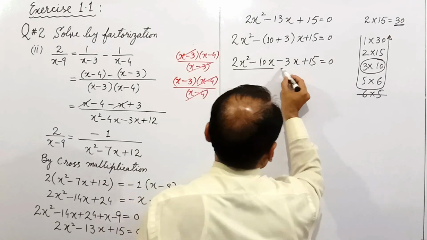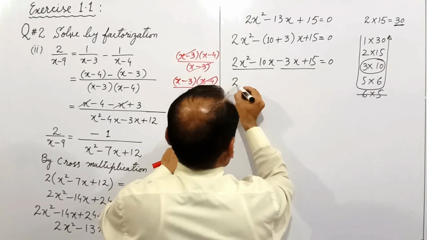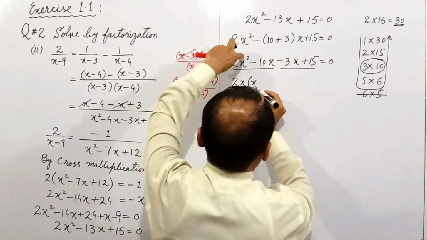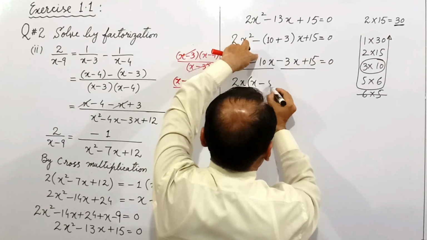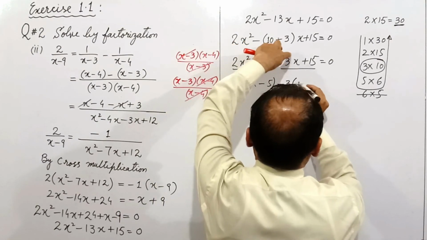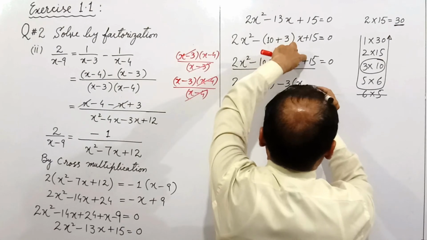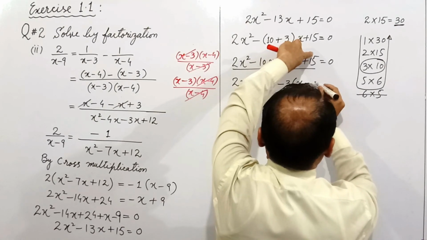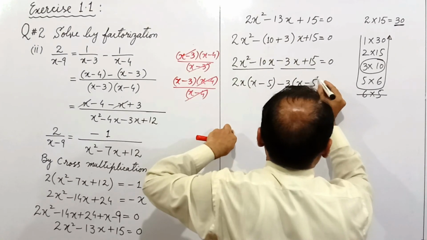Now we make pairs and take the common. 2x is taken common in the first pair, and x is the remainder in the first term, and minus 5 in the second. In the second pair, we take minus 3 as common, and the first term left over is x, and plus will be minus, and from 15 when 3 is taken common, we have 5 as a product.